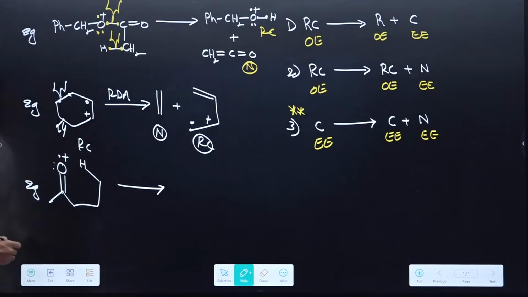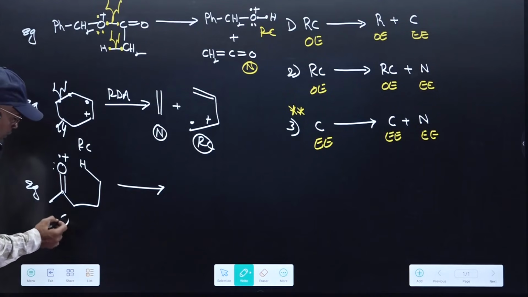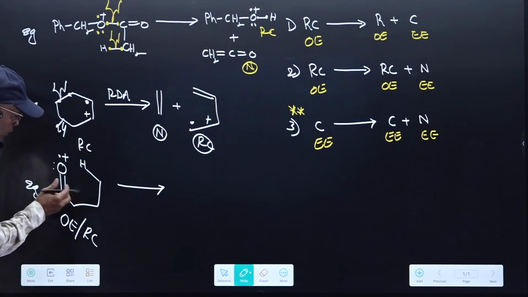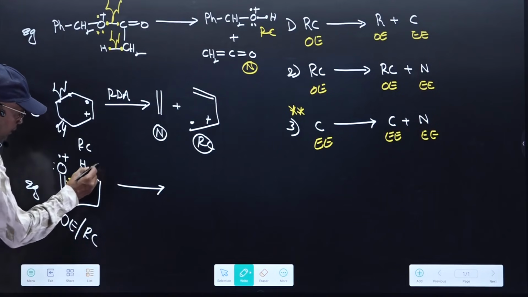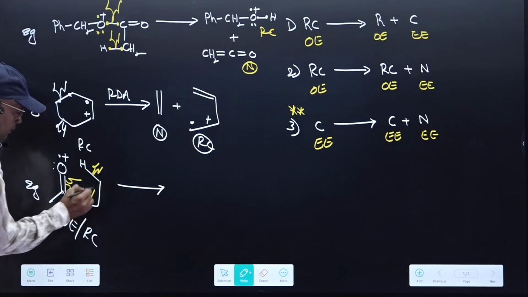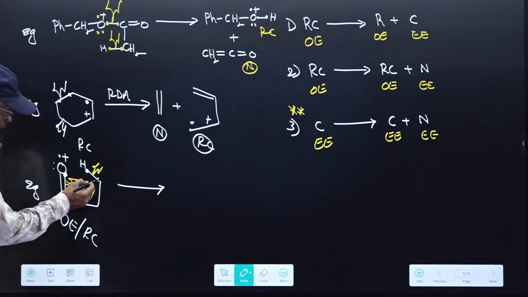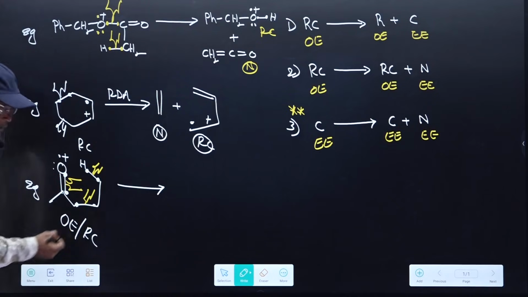Just listen. Is it an odd electron? Yes, it is an odd electron. Otherwise you can say radical cation. Now here I am breaking. If I break here, and here, and here. If I break here, you will get one radical. Here one more radical. Radical, radical, radical, radical. Right?